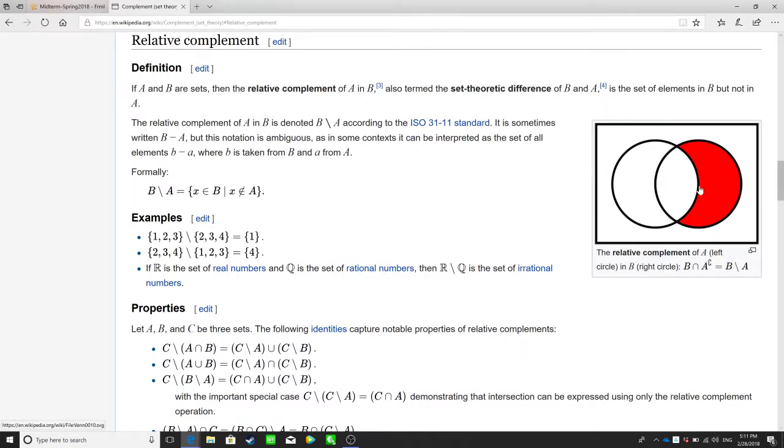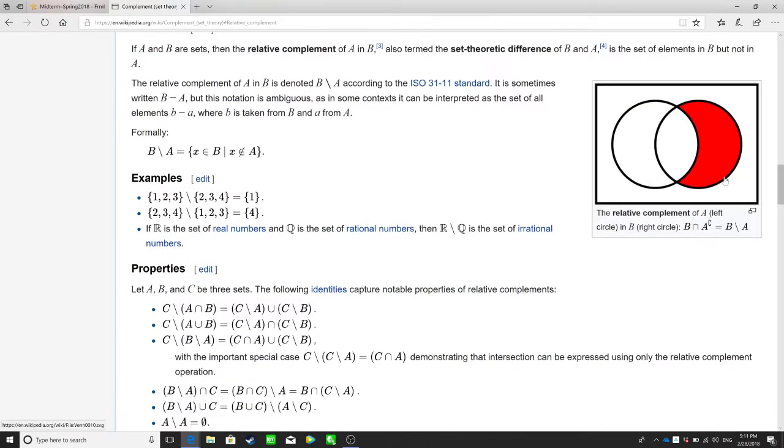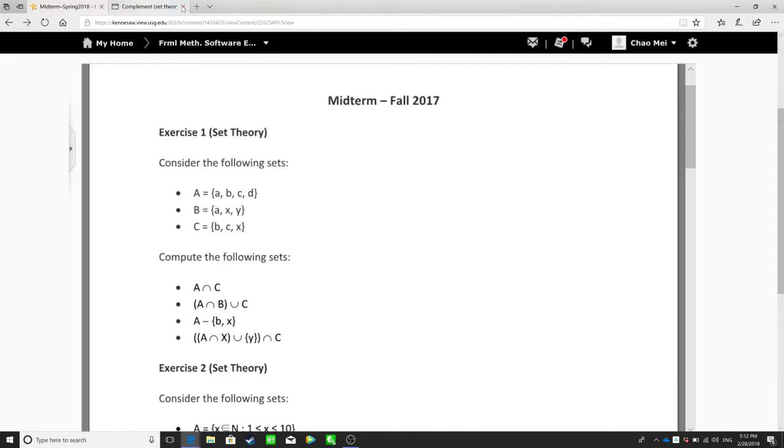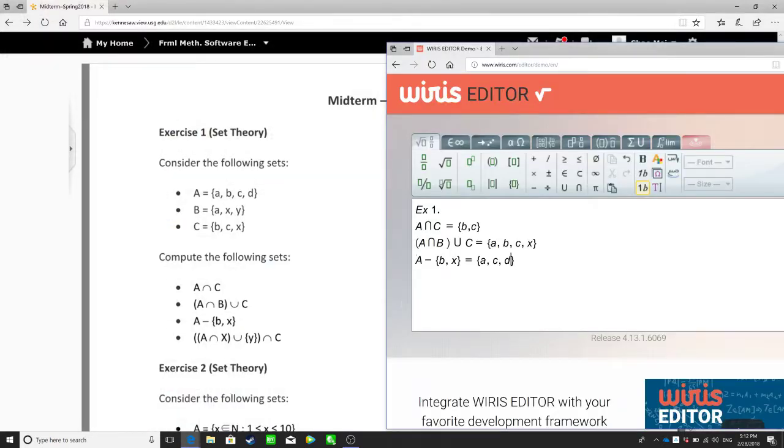See, this is clear. Remove this white part from the red. Because nothing in the area to the left side belongs to the red at all, it just removes the things they have in common. If they don't have anything in common, there's nothing to remove, right? So that's {a, c, d}.